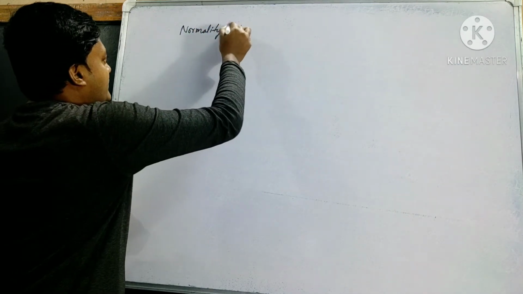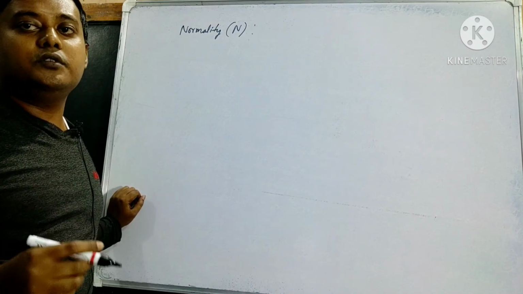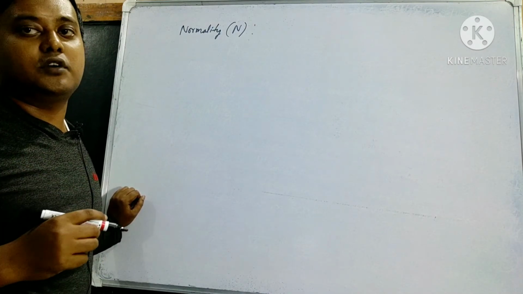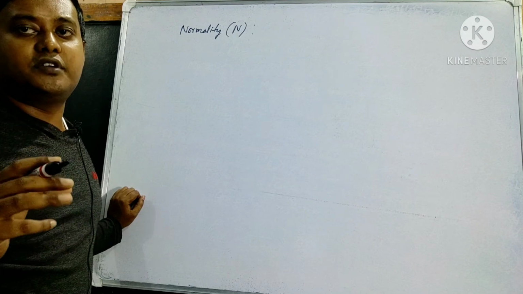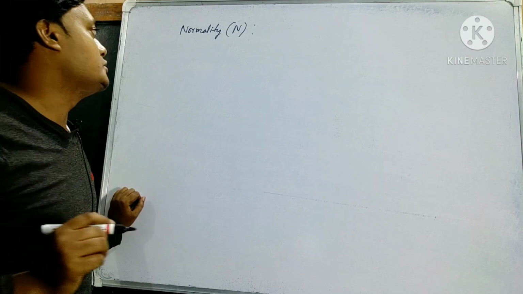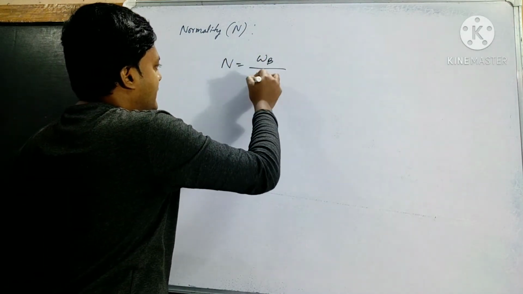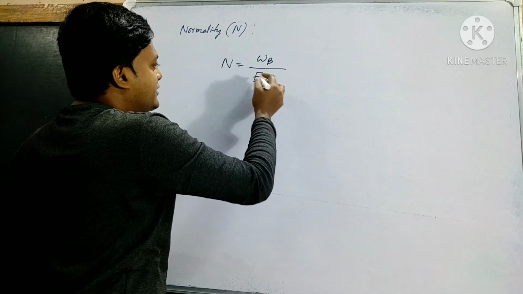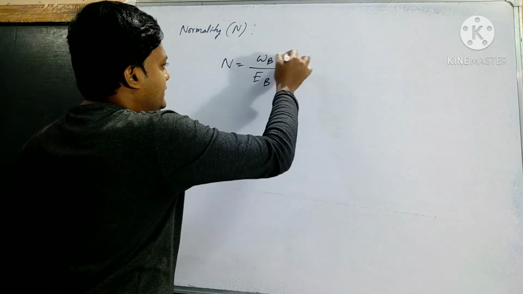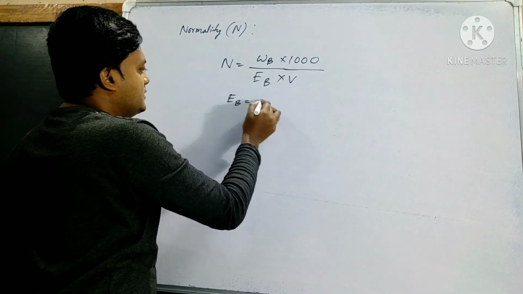Normality, capital N. Number of gram equivalents of solute present in 1 liter of solution. So normality is WB by EB into V into 1000, where EB is the equivalent weight of solute.